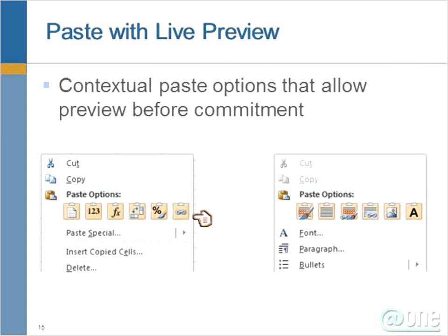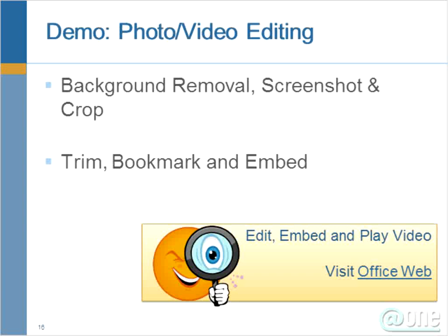And so you can verify if it's the right paste, or if you want to pull only a particular style. You don't want to merge the styles between both. You only want to copy the text that's coming from it, not the colors or fonts. And so you have those options, and you can see them up front before committing to the actual command. So that's really nice with the paste preview.